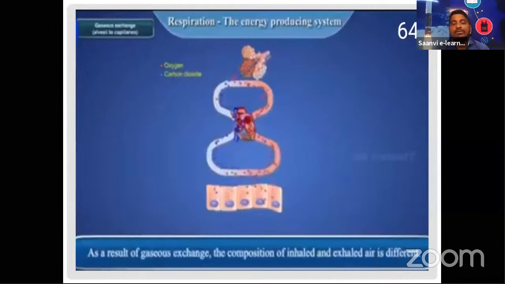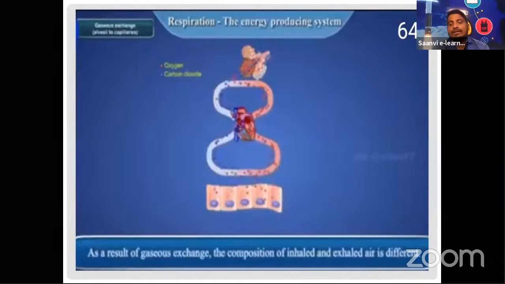I will show the percentage of particular components in our inhaled and exhaled air. The percentage of nitrogen, oxygen and carbon dioxide is different between inhaled and exhaled air.